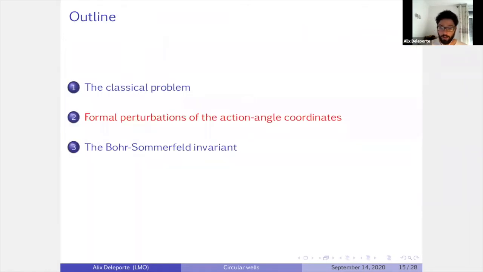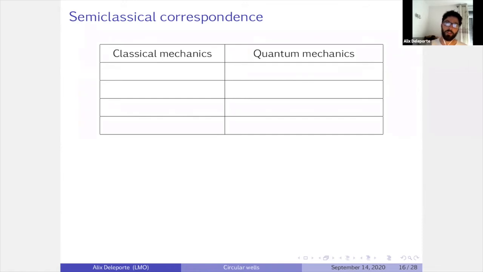Okay, now let's try to put some semi-classical analysis in the picture. For this, I have to remind you of what the semi-classical correspondence is. I described to you classical mechanics just before, and before that quantum mechanics, and now we're trying to put these two worlds together, or at least in correspondence.